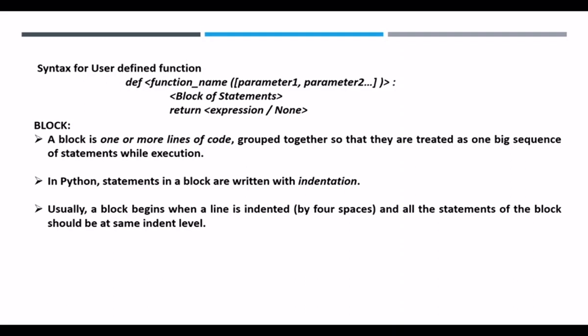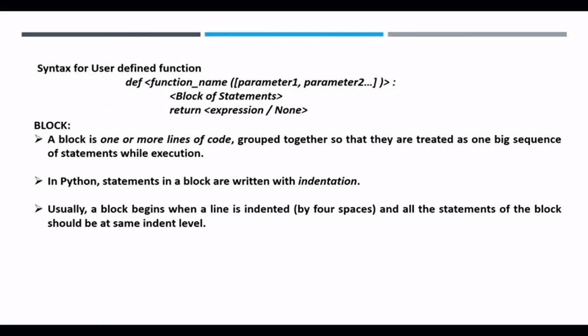Block. Previously we have seen the block of statements. So what is a block? A block is one or more lines of code grouped together so that they are treated as one big sequence of statements during execution. So when we write one or more lines of code, that particular set of code is known as a block.